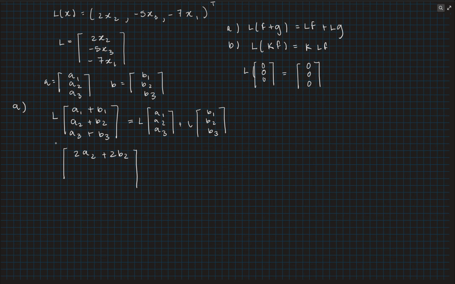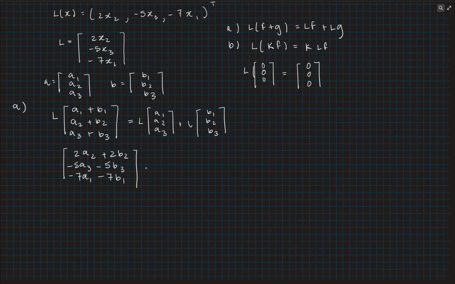This right here is x3, so I get negative 5a3 minus 5b3. Sorry, it should be negative. And then the last row is defined by negative 7x1, and this is x1, or a1 plus b1. So negative 7a1 minus 7b1.